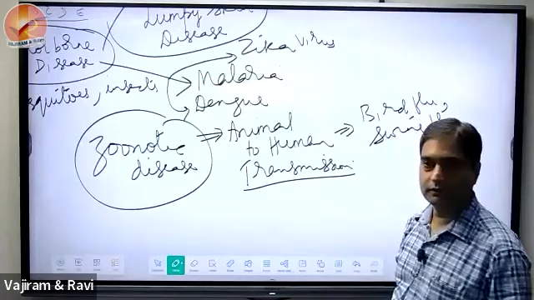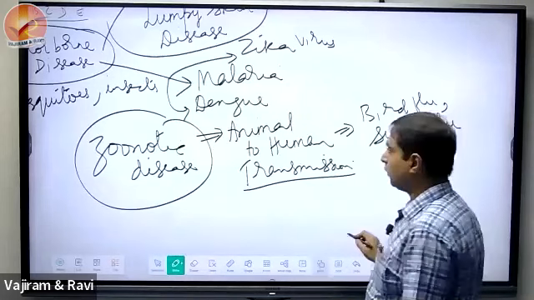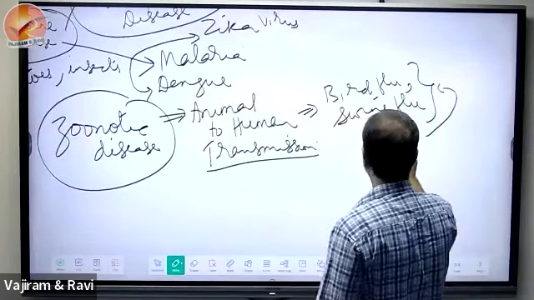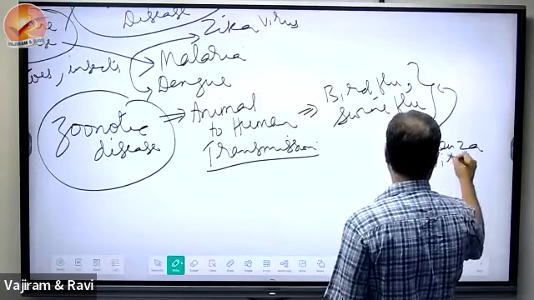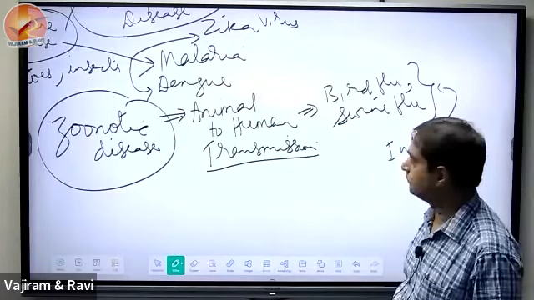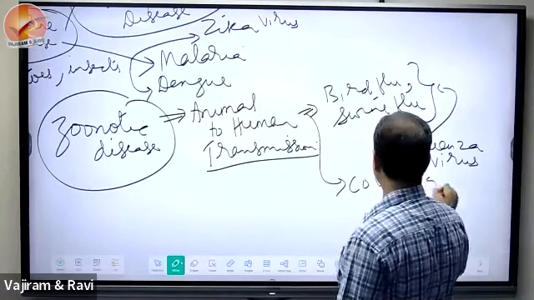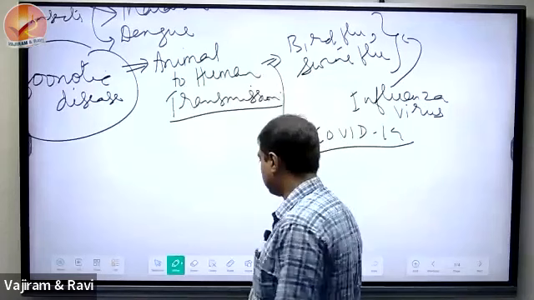Is it clear? They come under what? Zoonotic disease. Both belong to influenza virus. Yes, you can write COVID also. COVID-19 also zoonotic. Coronavirus also zoonotic.